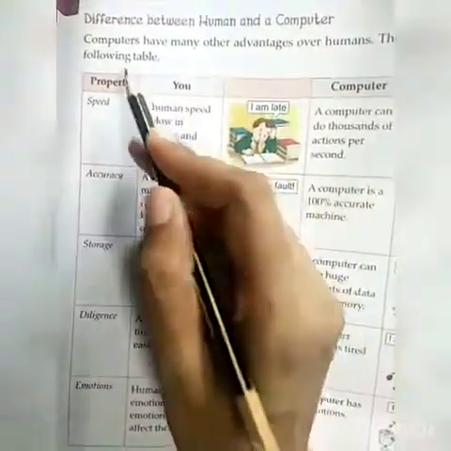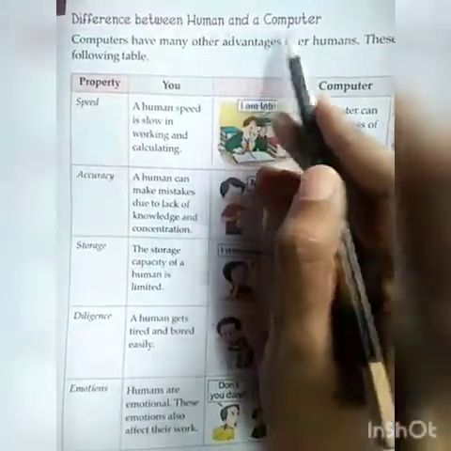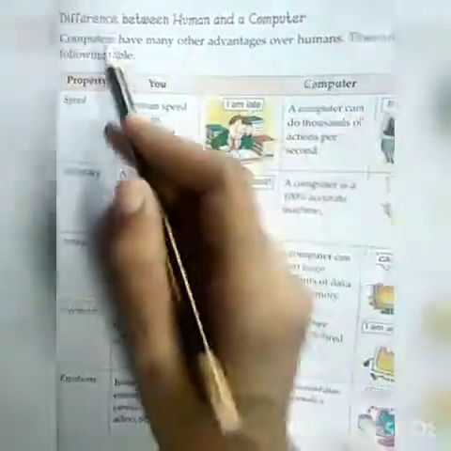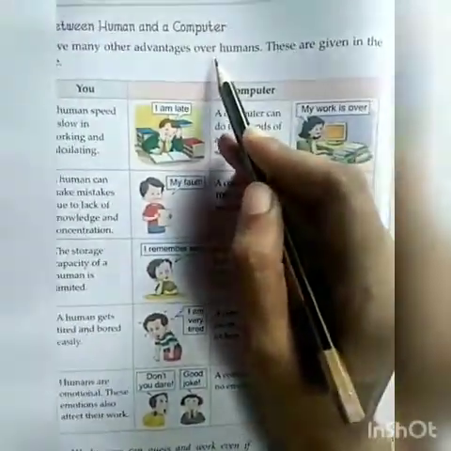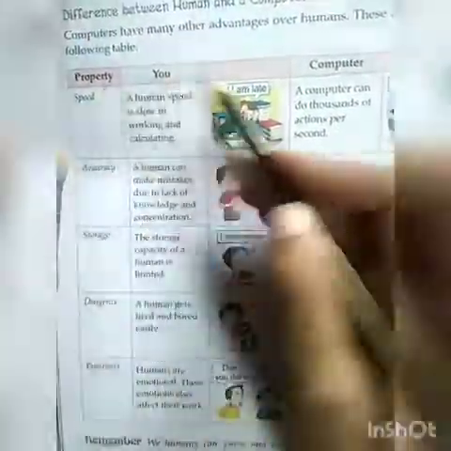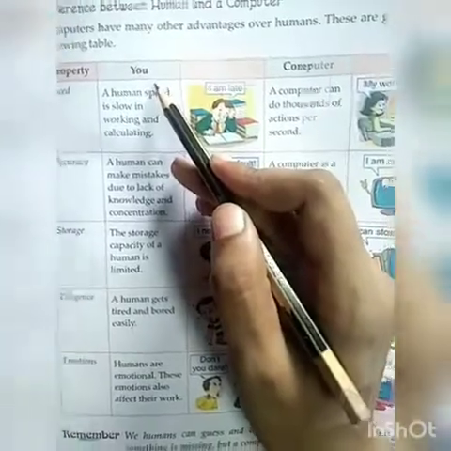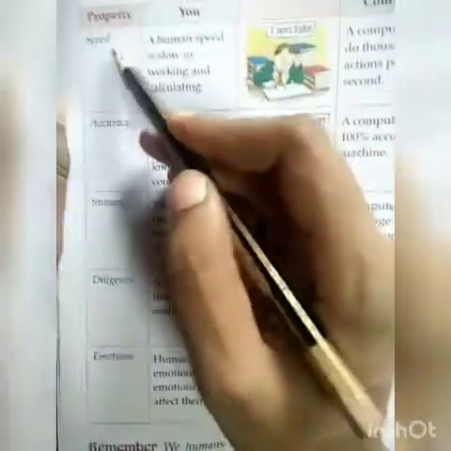Here we can see the difference between a human and a computer. So let's learn. Computers have many advantages over humans. These are given in the following table. First, property, then human, then computer. Properties, speed.